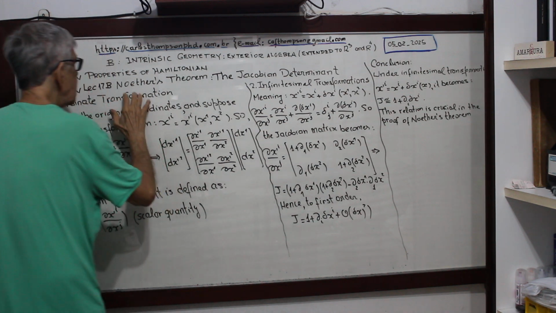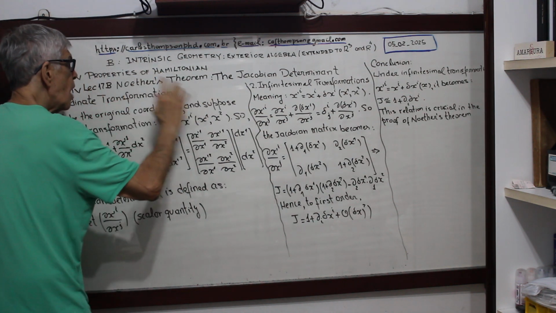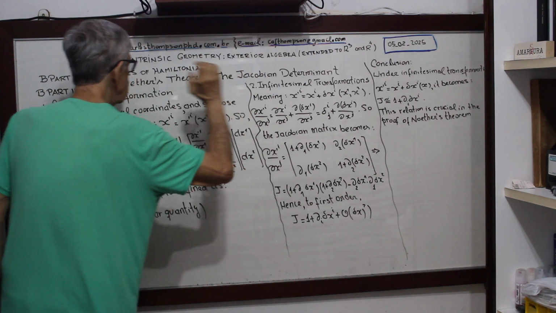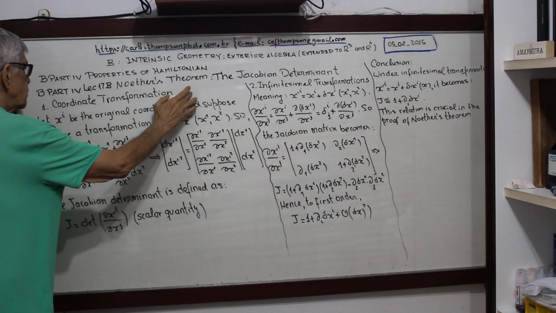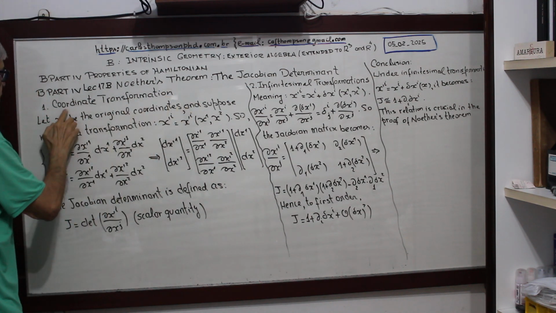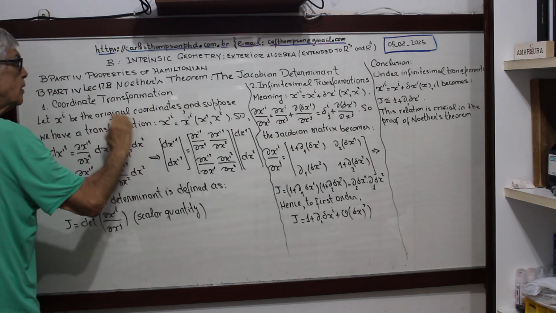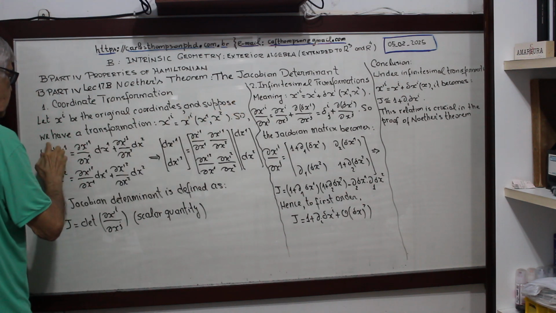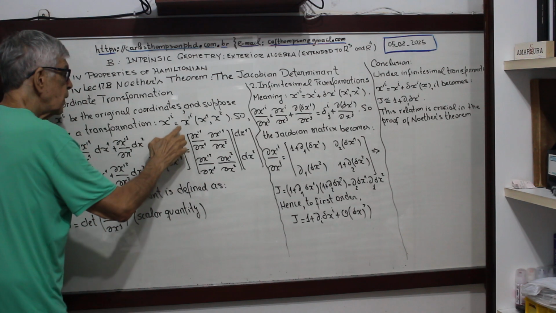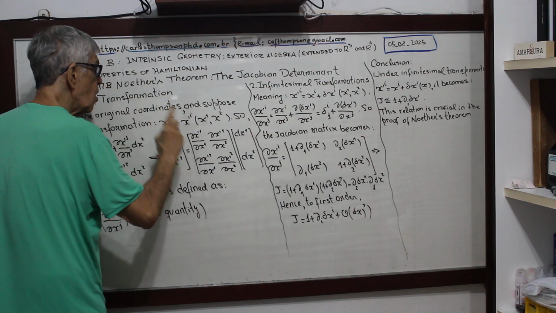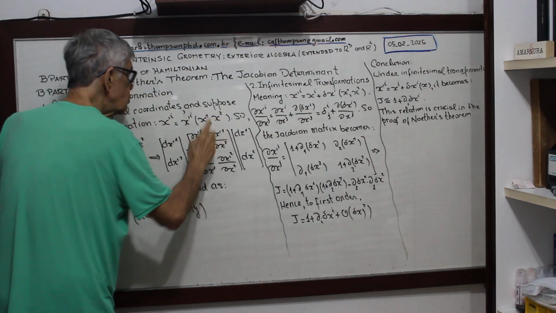Let's continue, not the theorem, now the Jacobian determinant. First, coordinate transformation. Let x_i be the original coordinates, and suppose we have a transformation x'_i equal to a function of x1 and x2.